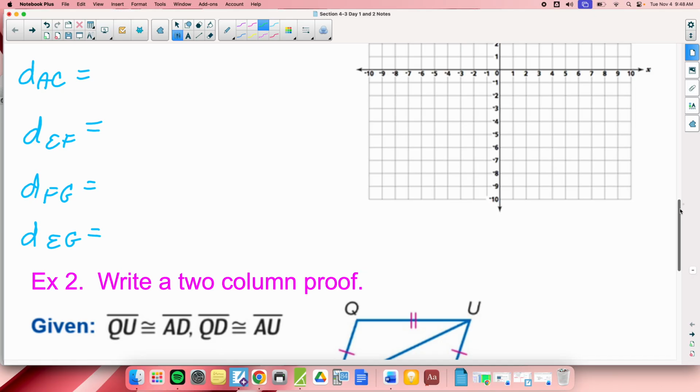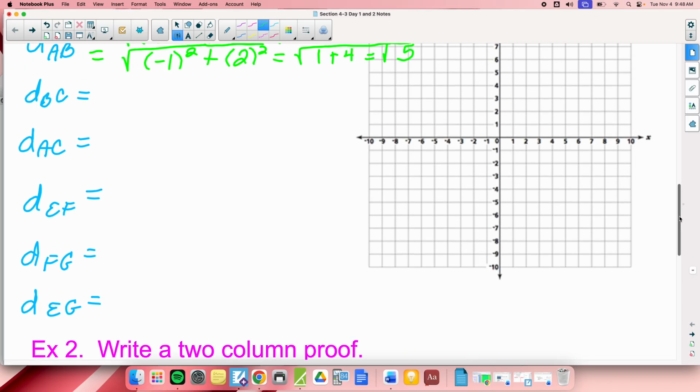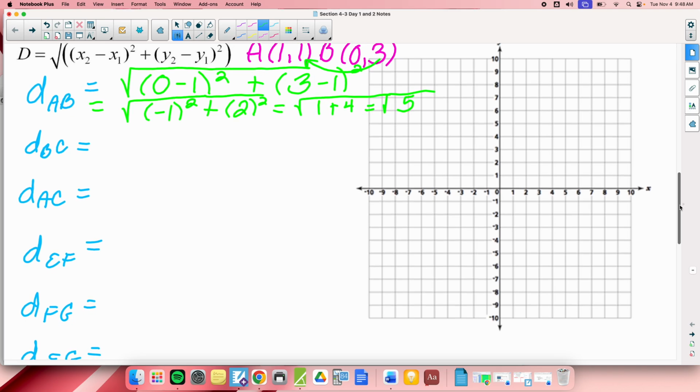The rest of you can all do EG, okay? Oh, and one thing I should have said to you guys, you can stop when you get the square root of something. You don't have to take the square root on your calculator, okay?